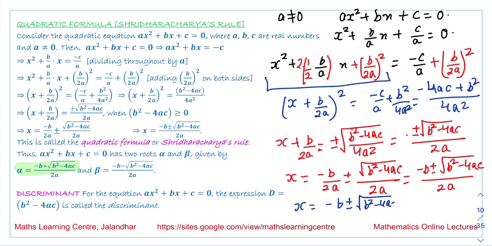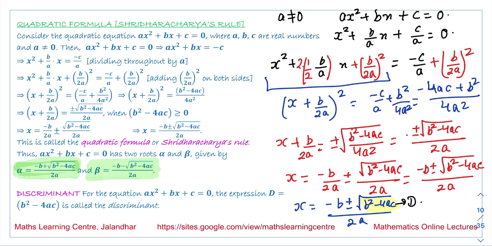The term b square minus 4ac is called the discriminant and is written as capital D. So these are the values we are talking about. One value is alpha equal to minus b plus square root of b square minus 4ac by 2a, and the second value is minus b minus square root of b square minus 4ac by 2a.